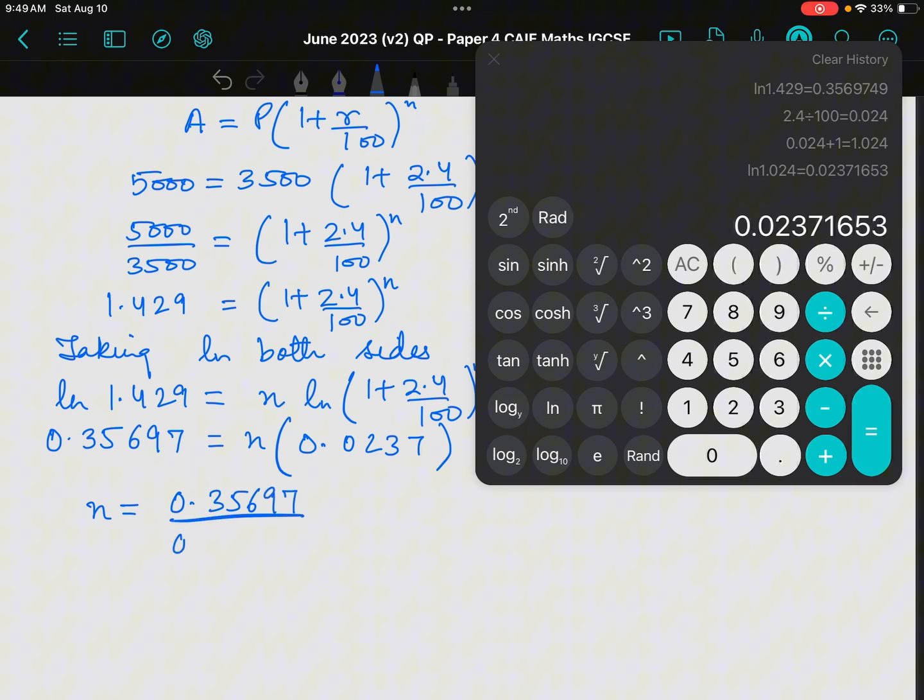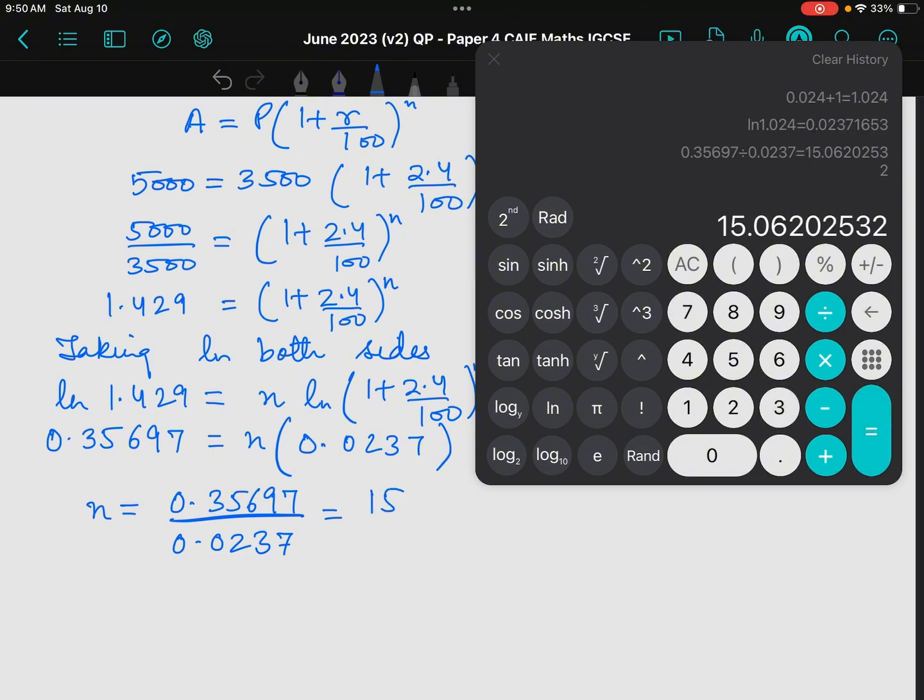So n is equal to 0.35697 divided by 0.0237. It is coming out as 15.06.